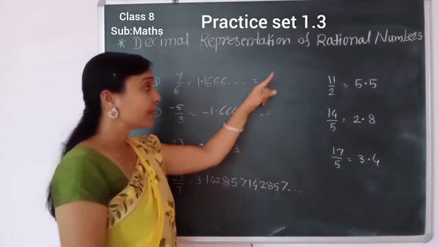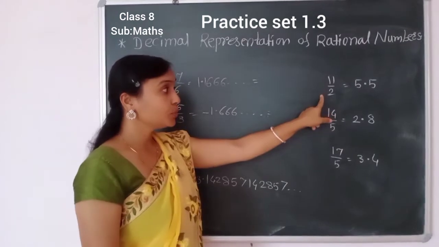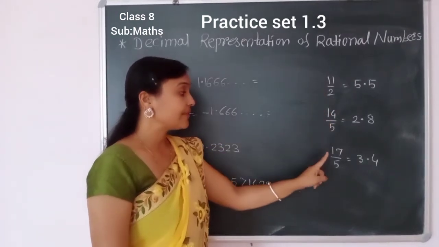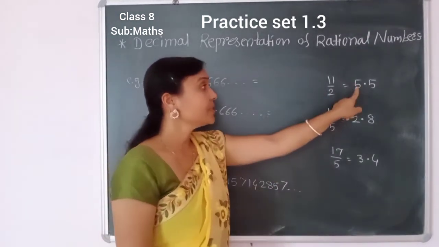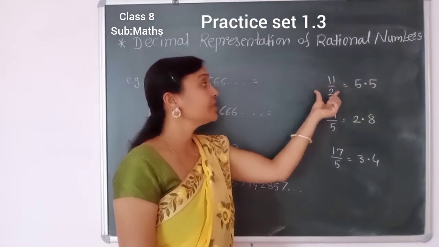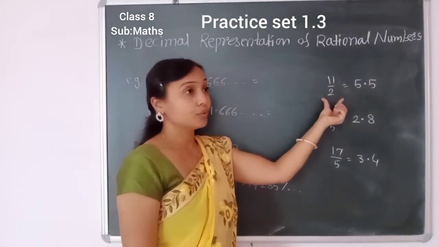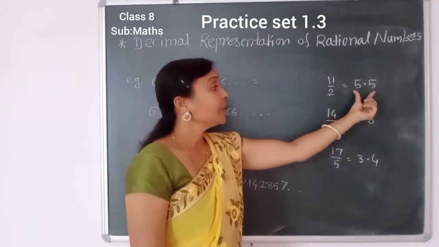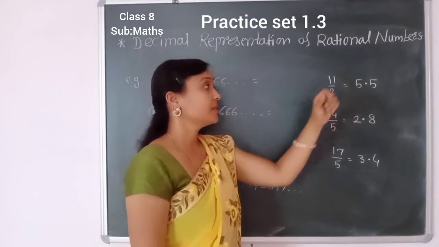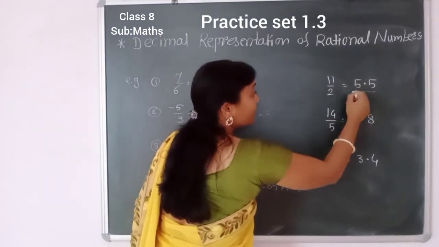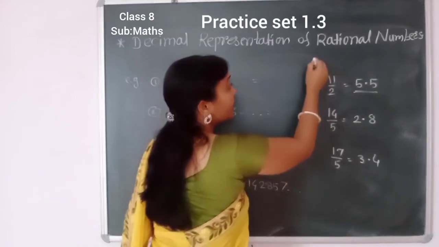Now see some examples. 11 by 2, 14 by 5, 17 by 5. 11 by 2 answer is 5.5. It means this division ends with 0. So in this division we get the remainder 0. That means this division is a terminating division.